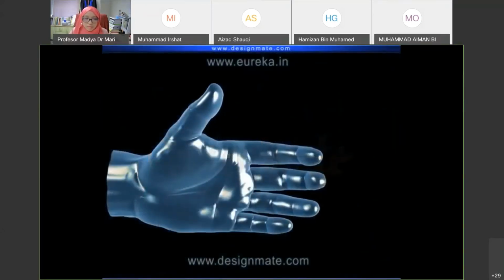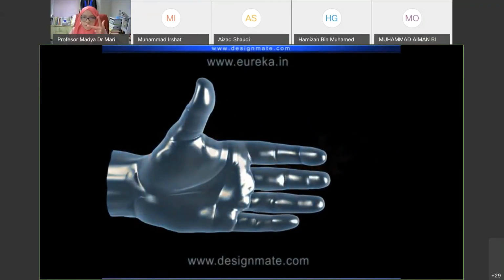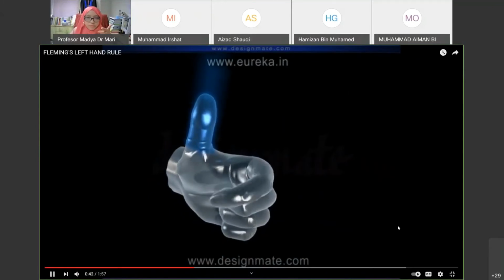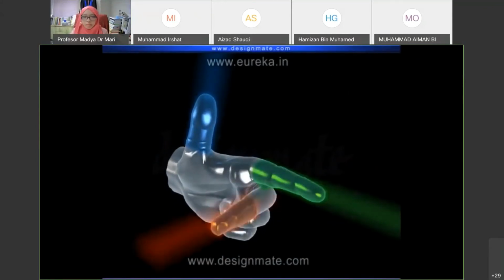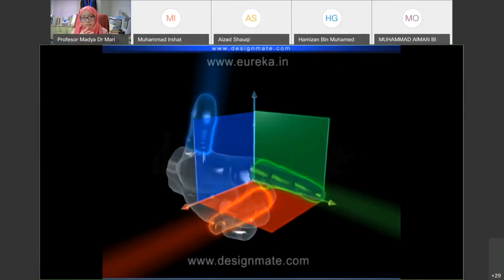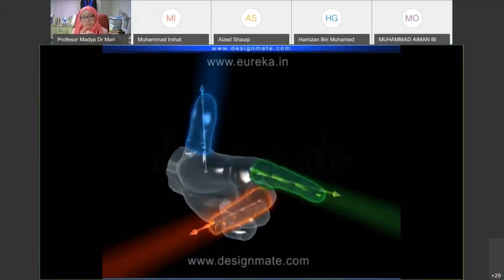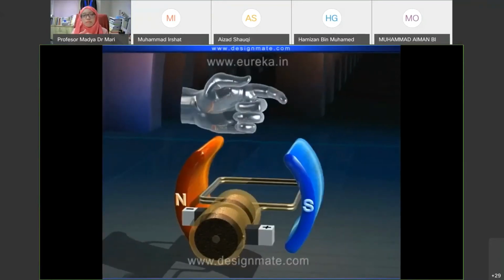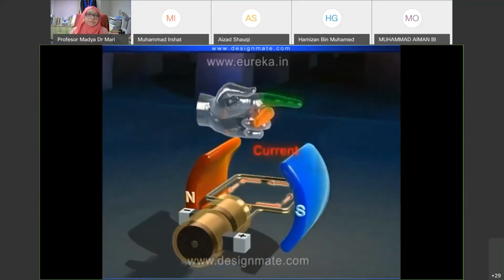According to this rule, if you arrange your left hand in such a way that your thumb, first finger, and second finger all point at right angles to one another, and if your first finger is pointing in the direction of the magnetic field, second finger is pointing towards the direction of current, then the thumb will give you the direction of the force. Let us check out the left-hand rule once more against the animation.